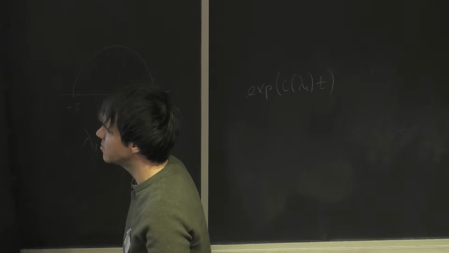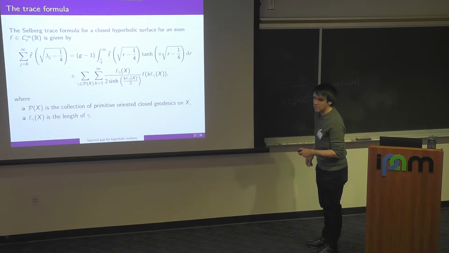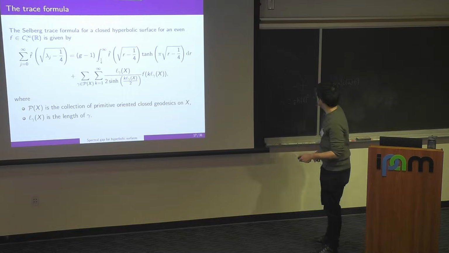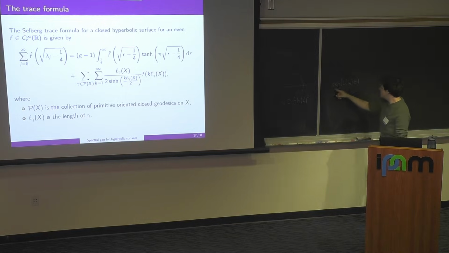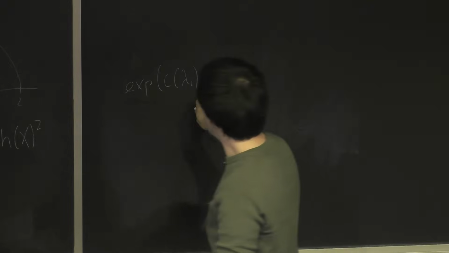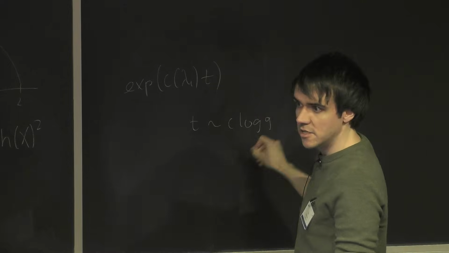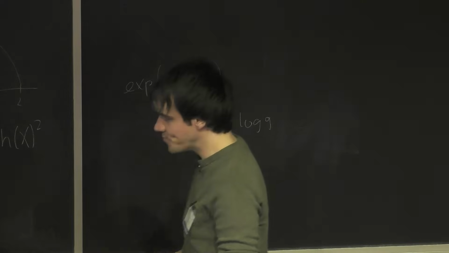It's nothing too bad, it was polynomial in t. But we have this g-1 factor here. So if we ever want to get a contradiction between the left-hand side and the right-hand side, this thing has to beat this g contribution. So t has to be on the scale of some constant times log of g to have hope of getting this contradiction.